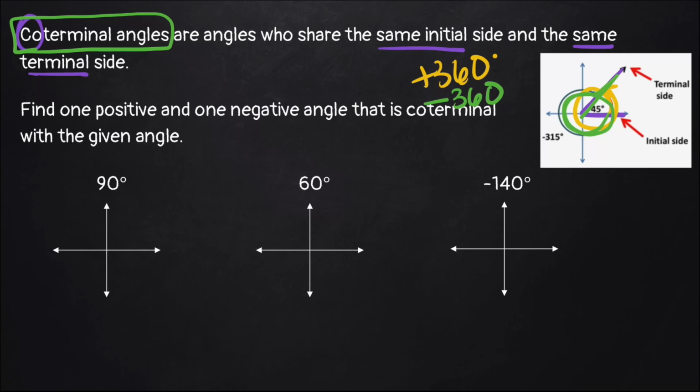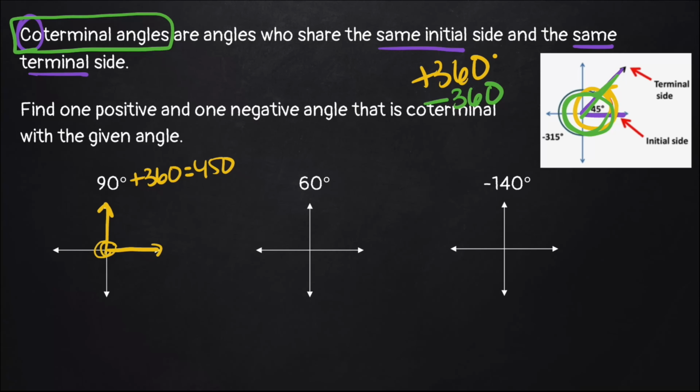Okay, so here we've got 90, and we are going to add 360 degrees to that to get a positive answer, which is 450. So here we have our initial side, and we are going to make one full rotation around and more to get me that 450.